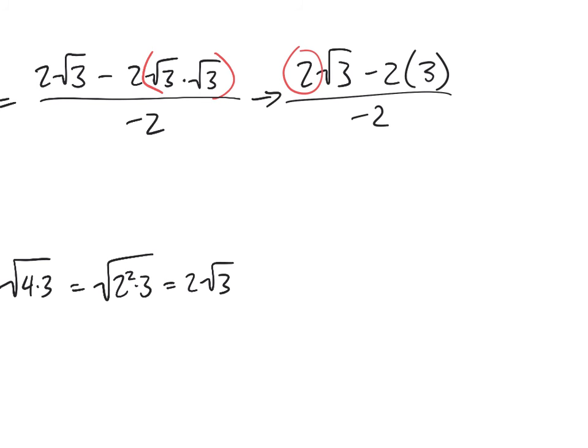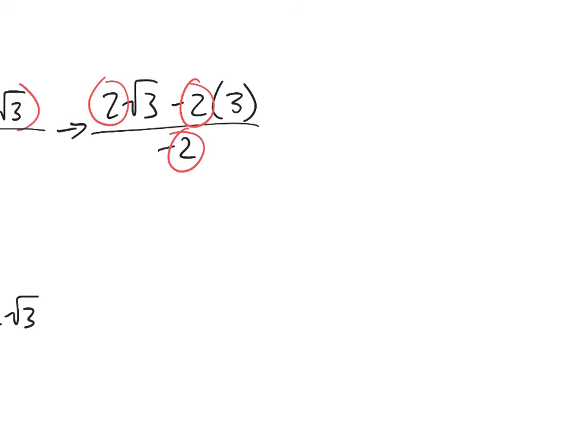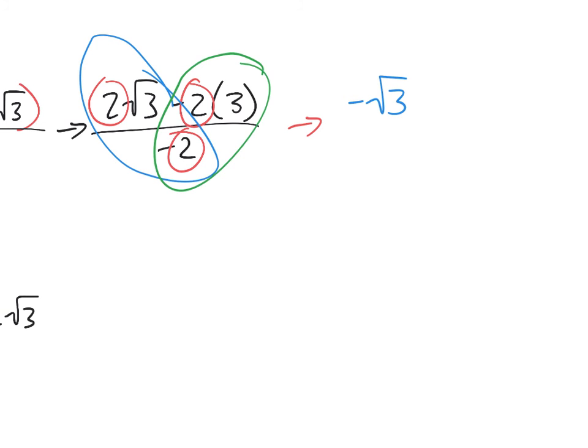I notice that I have a 2 in every piece here, so we can do the divisions. 2 square roots of 3 divided by -2 is negative square root of 3, and then -2 times 3 divided by -2 would give me 3.